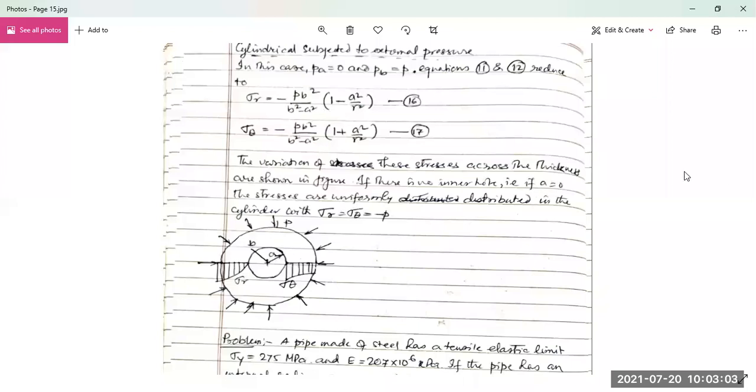Let us go to 21, 22. Too much problem is going on with the network today.